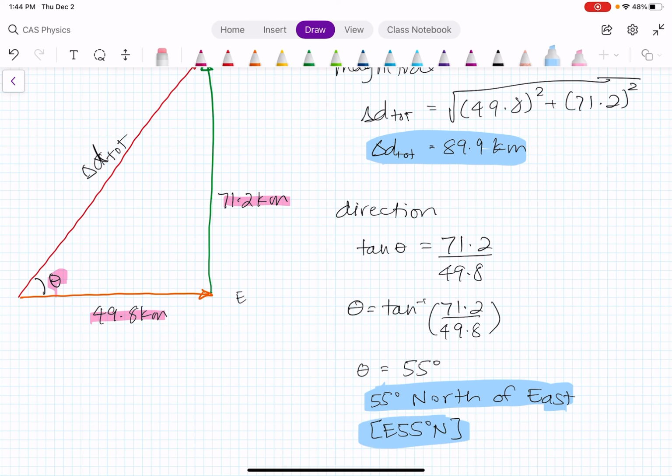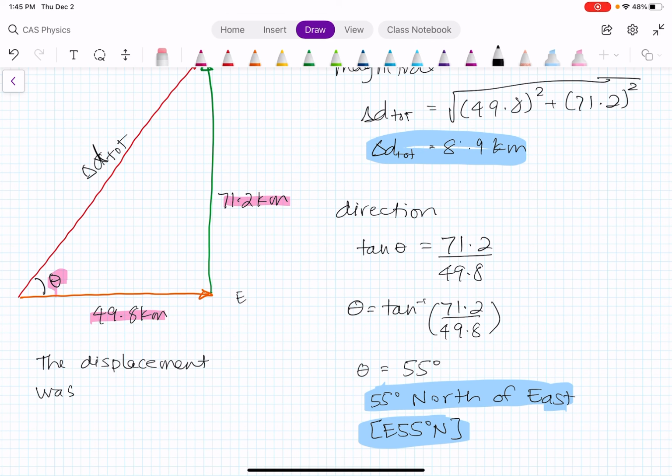If I'm going to write down the final answer, I would say the displacement was 86.9 kilometers, I got that wrong before.